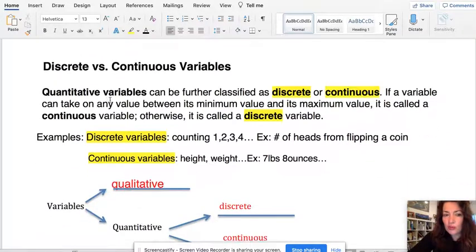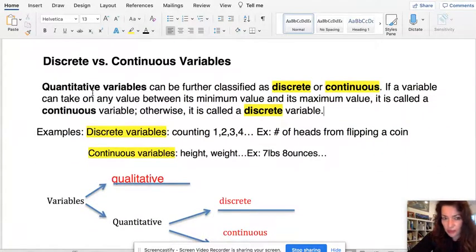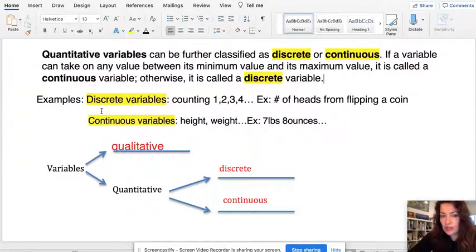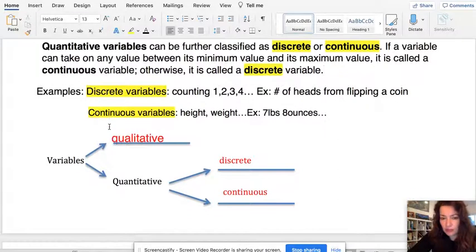All right, so when we're talking about quantitative variables, there are two types. There's discrete and continuous. What does it mean, discrete? Discrete is counting numbers. So for example, you're counting how many M&Ms. We're counting how many times I'm flipping a coin. Whereas continuous variables is where there's no gap in between.